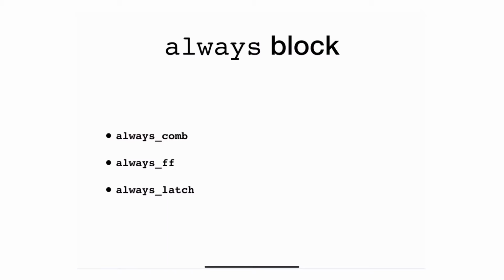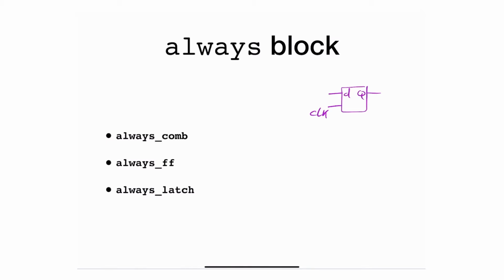Why would I need additional ones? Well, you need always_comb because sometimes you write code for a combinational circuit and, because your code has an error, not necessarily a syntactic error but a logical error, it actually generates something which is basically a latch. A combinational circuit should not have a latch or a D flip-flop for that matter.